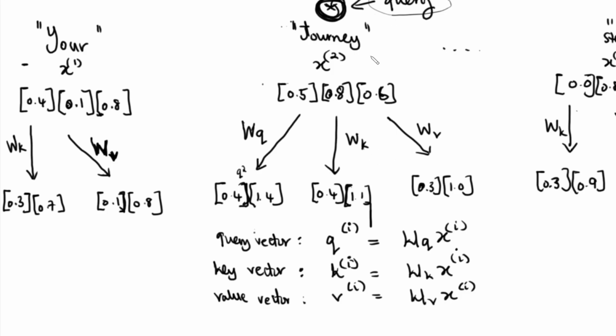Because our query is x2, what we're trying to do is calculate our z2, which is the context vector for 2. If we understand how to calculate the context vector for x2, we can generalize it to calculate all context vectors. And that's what we're trying to do here.